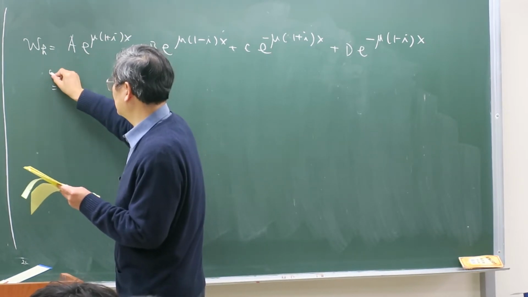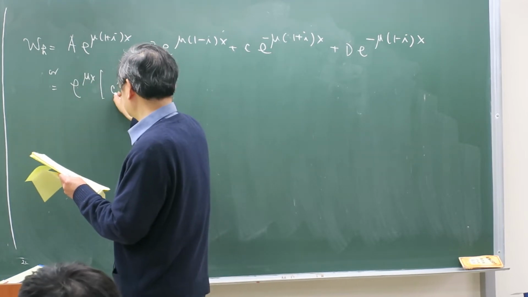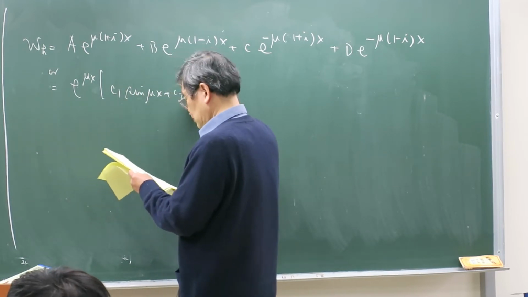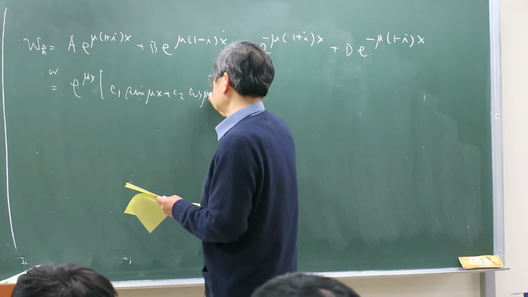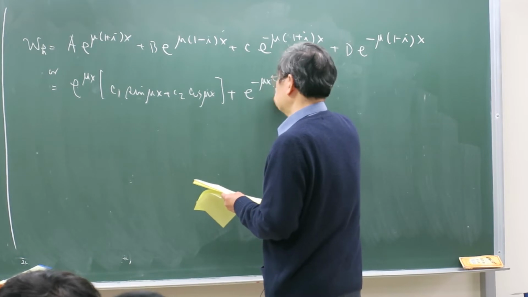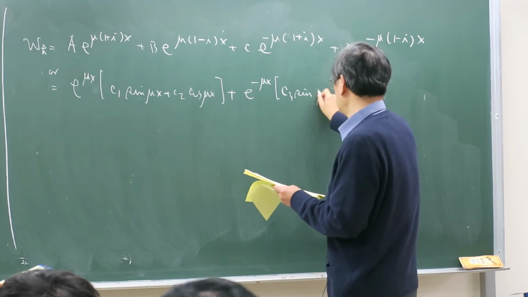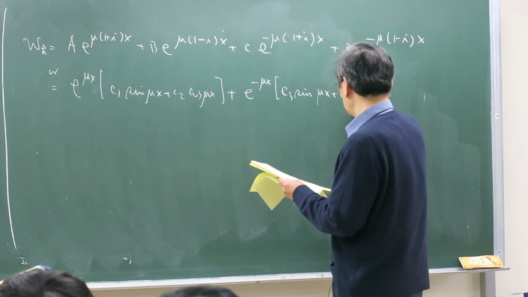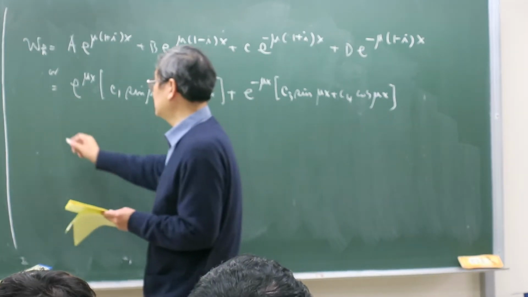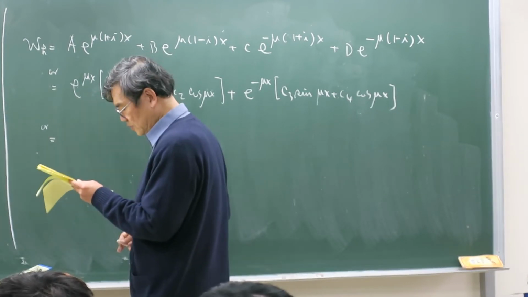Another is exponential mu x times C1 sine mu x plus C2 cosine mu x plus exponential minus mu x times C3 sine mu x plus C4 cosine mu x. Okay, or we can use the hyperbolic sine and hyperbolic cosine to get rid of the exponential.